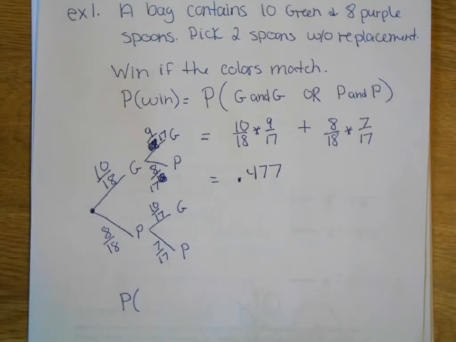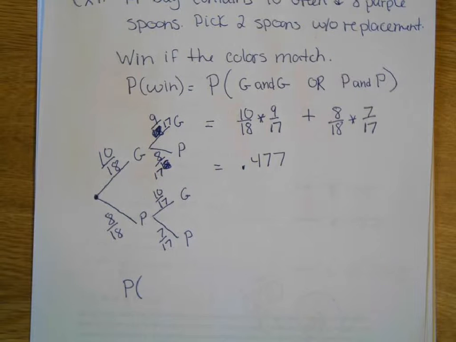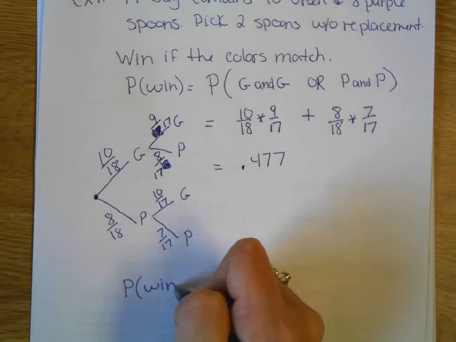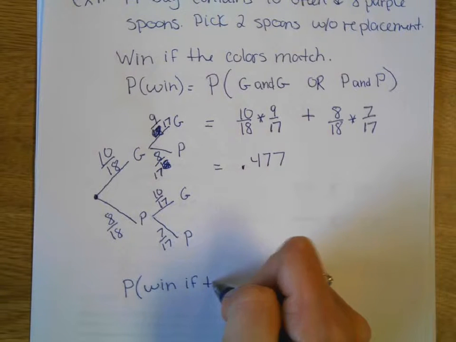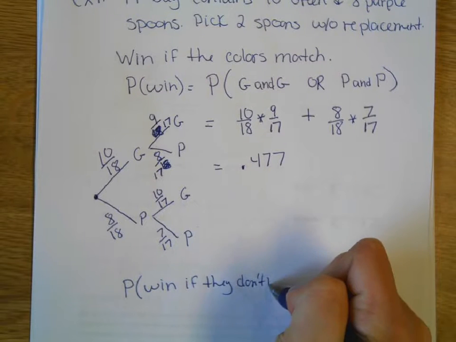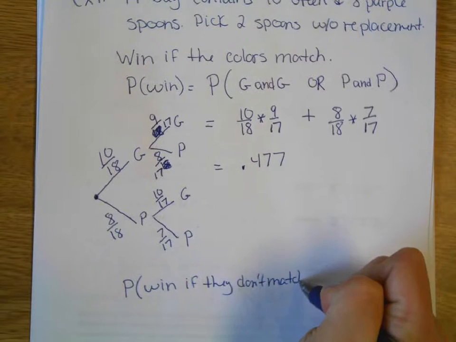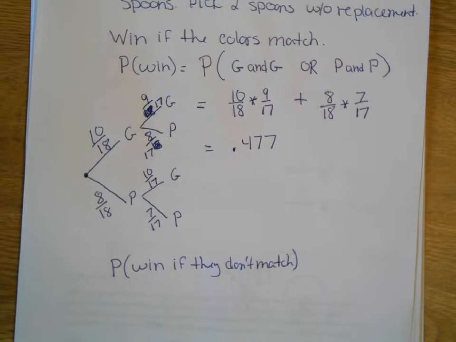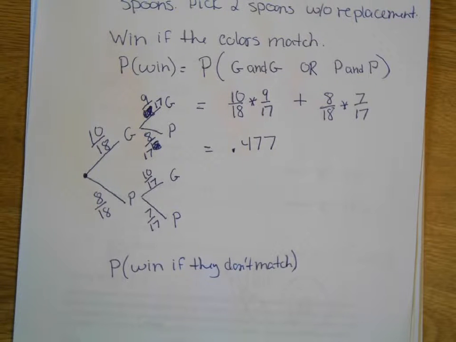Let's say we're going to change the rules. This time you win if they don't match. Is this a better game? Are we disagreeing on the answer here? Obviously. Oh, let me see. I don't have the answer written down.